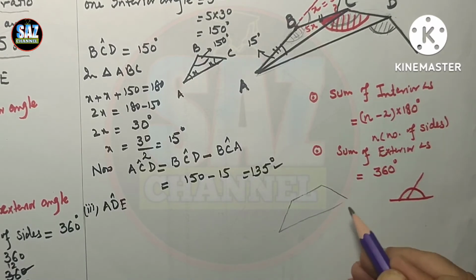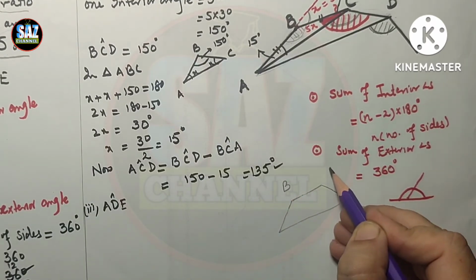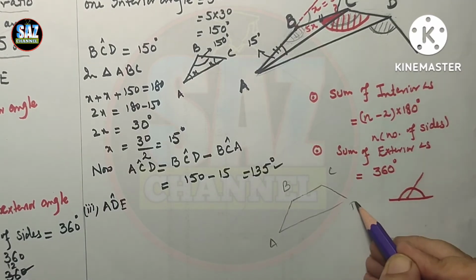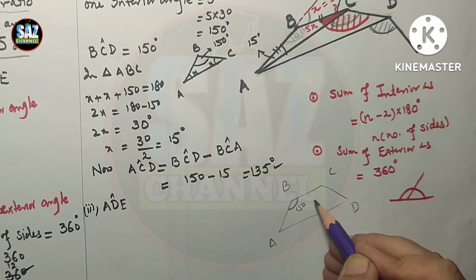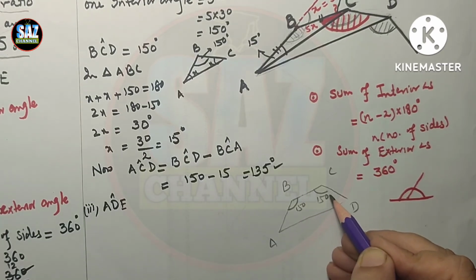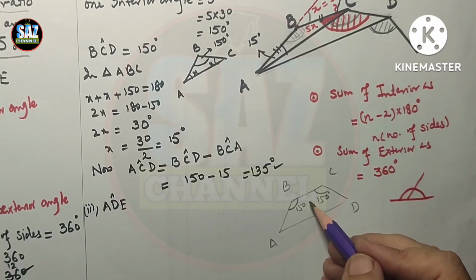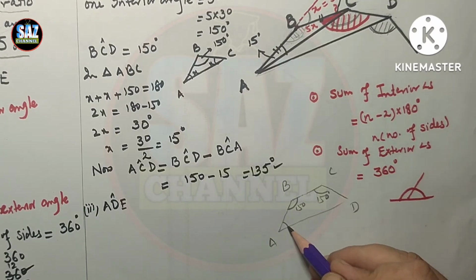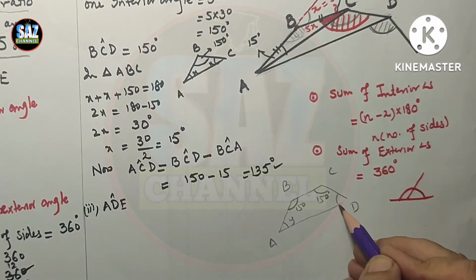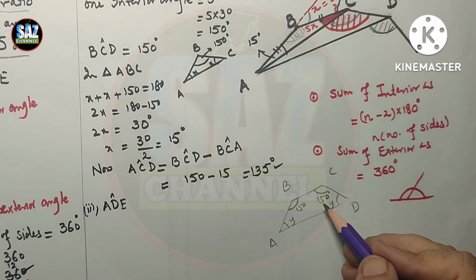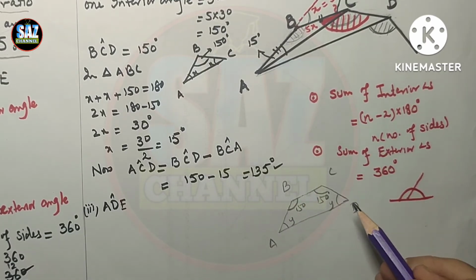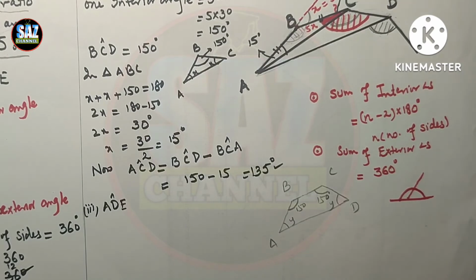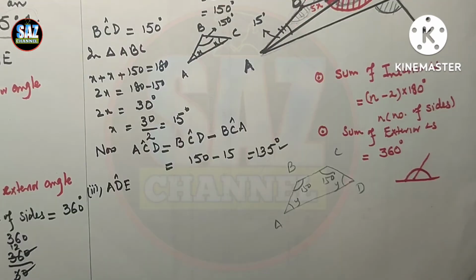this is B, C, A and D, we know that this angle is the interior angle. This is 150 degrees, this is again 150 degrees, and now we do not know about these two angles. Let it be y and let this be y. We know that this is a four-sided shape, and the sum of interior angles of a quadrilateral is 360 degrees.